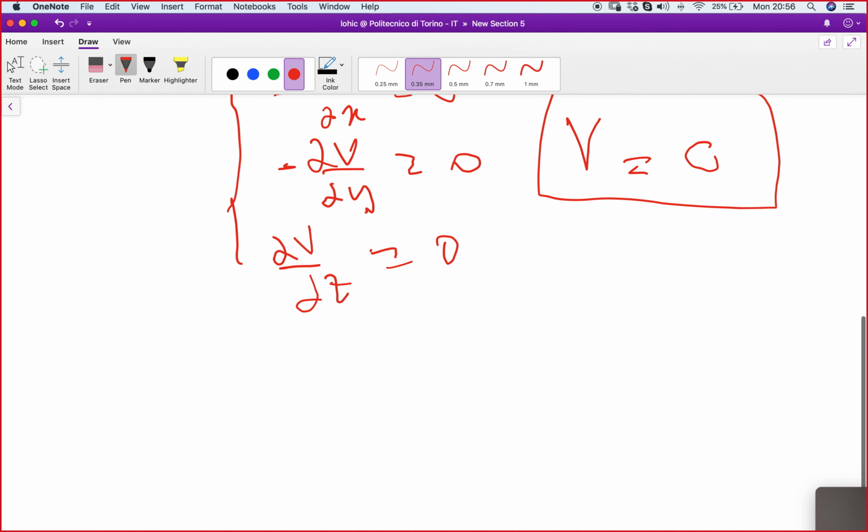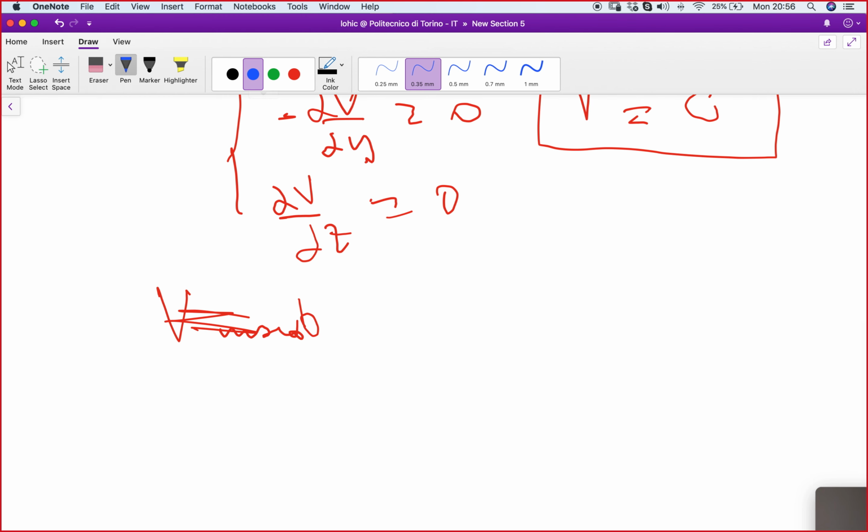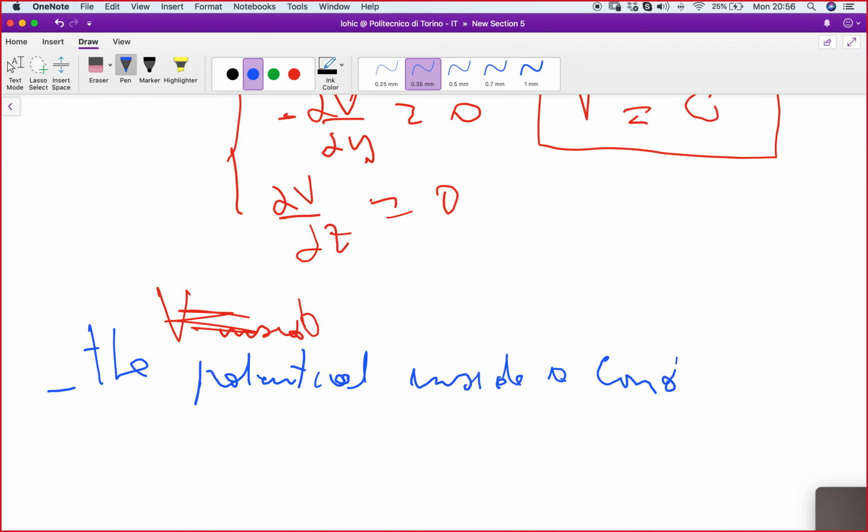So we prove that the potential inside a conductor in equilibrium is constant, is the same everywhere.